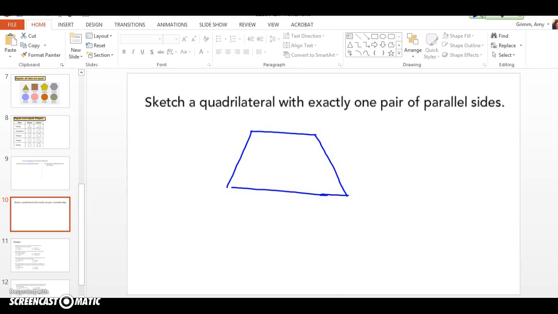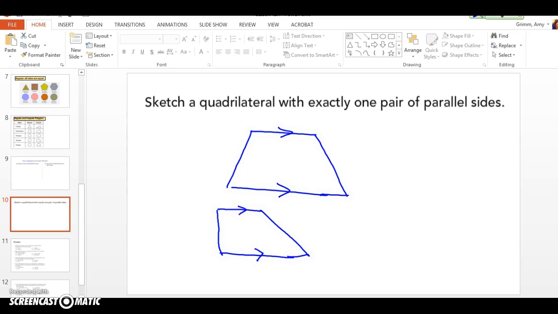So you would have something that looks like that, and this side would be parallel with this side. But there are so many different ways you could draw this. You could draw a right trapezoid. This is also a trapezoid right here, because this one and this one. So anything that has just one set, your other two sides can be doing whatever you want them to do. And I saw a lot of that when I walked around. Questions on how to draw those?